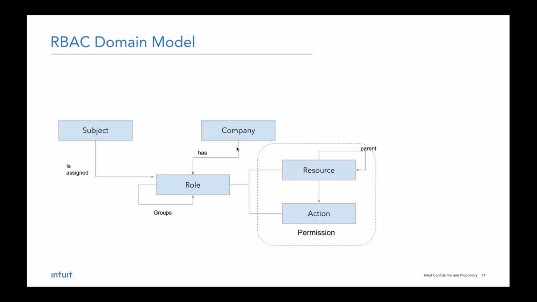Okay, and roles could even be company specific. So if in an invoice app you sign up and you have your own company there with multiple users, you can go and define your own roles and assign your users those roles, and roles can be grouped inside other roles, and that way you can create higher level roles, and it makes your user management really easy. So this is the core domain model of RBAC.